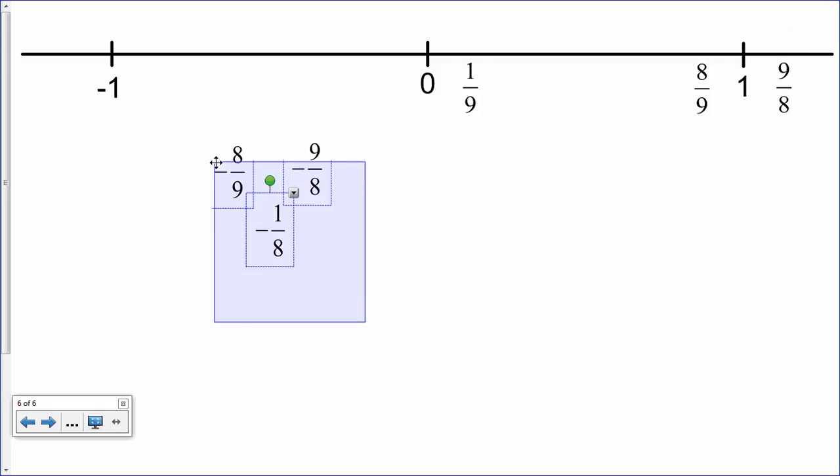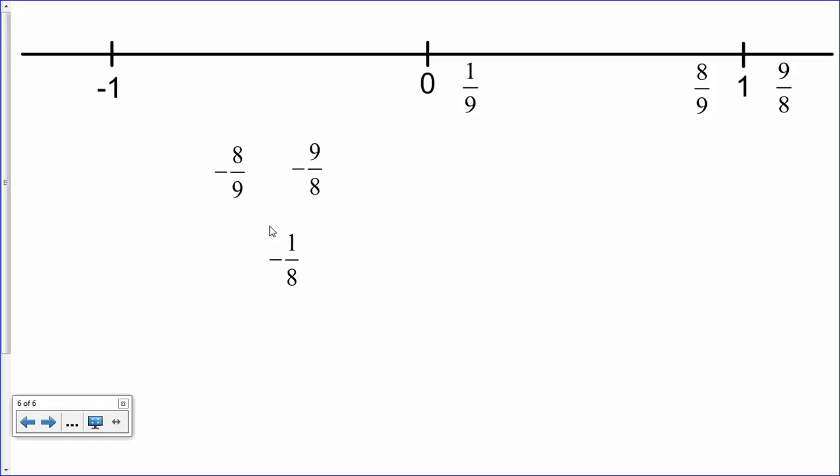Now, the ones on the negative side, let's think about this. Negative 1/8, negative 9/8, negative 8/9. Negative 1/8 is the opposite of 1/8.